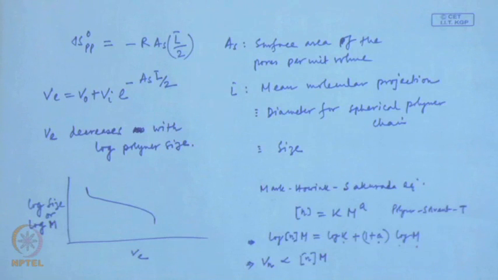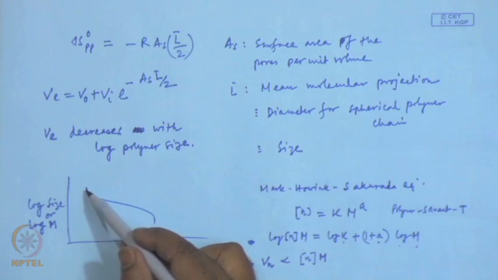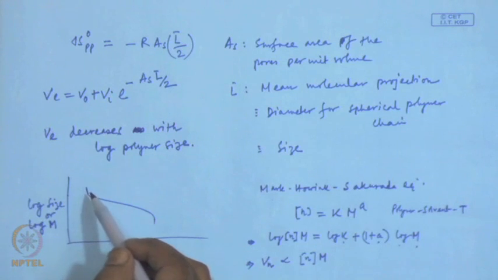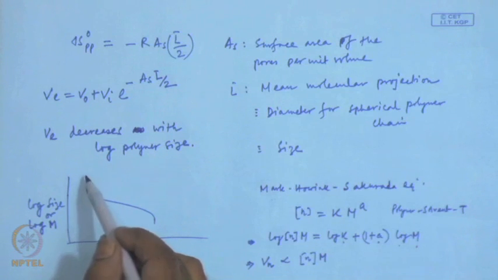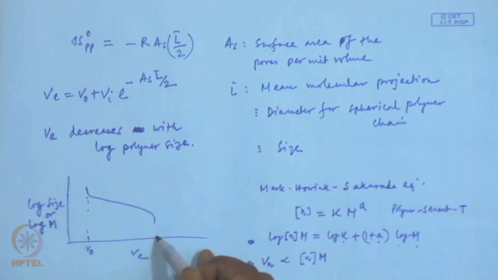Beyond this molecular weight, the size goes up such that none of the polymer chains can go in, so they will have elution volume of V_0. If the polymer size becomes so low that all of them can penetrate equally in the pores, then all will come at the same time, at V_0 plus V_I.